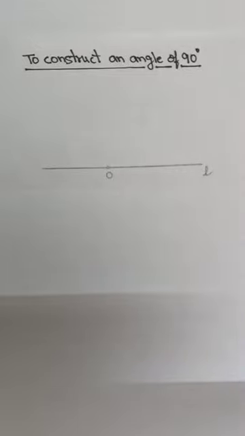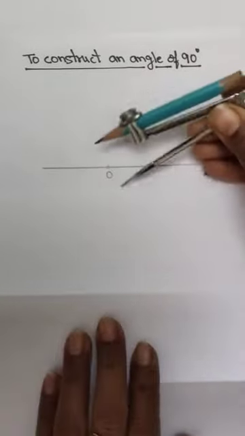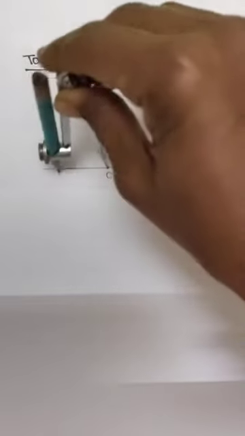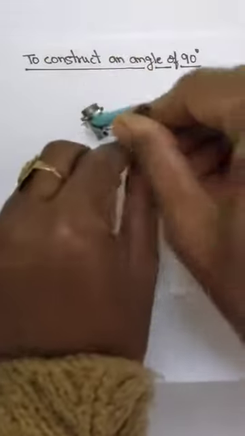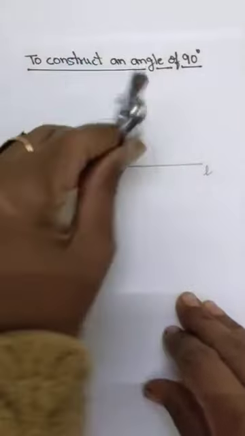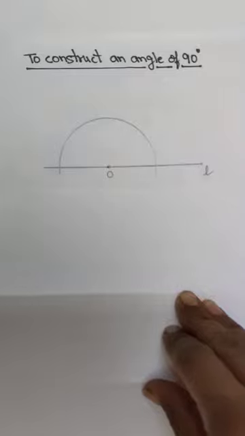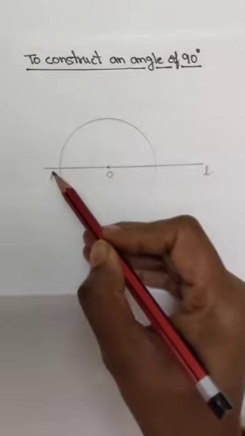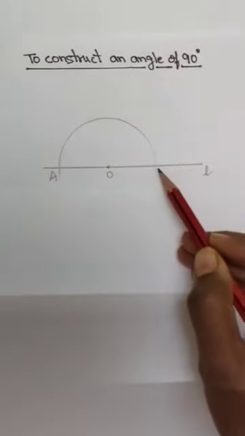Now with O as a center and taking a suitable radius, draw an arc to cut line L at points A and B. Because we have to cut at 2 points, we can say, draw one semicircle. It will cut line L at 2 points A and B.